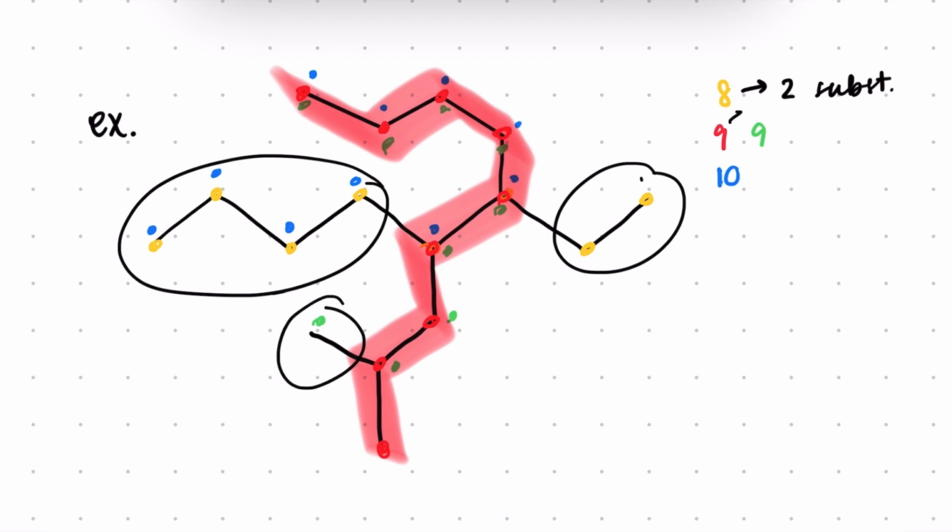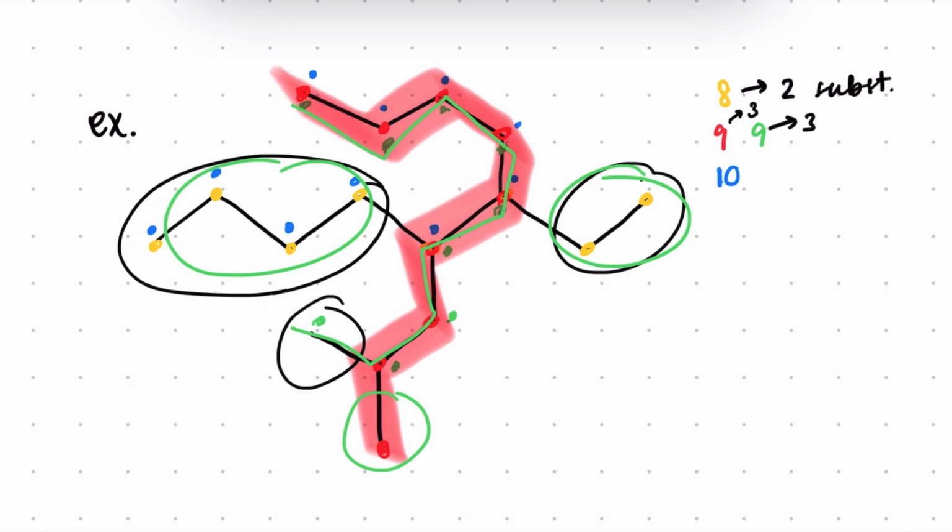So for the red one, we've got 3 substituents. In fact, for the green one also, we would have 3 substituents because it's this. So we've got 1, 2, and 3. That's also 3 substituents. So let me just jot that down. So both have 3 substituents.